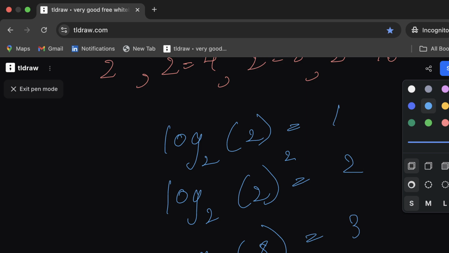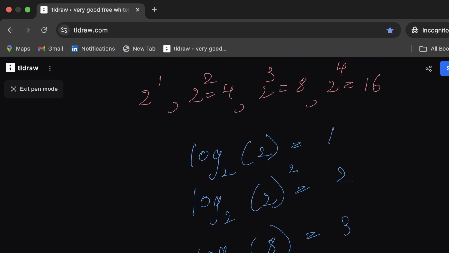We are almost halving the input size. That is the whole idea behind log base 2.